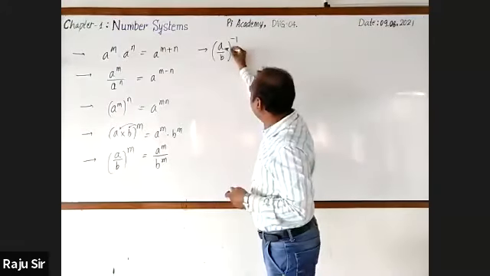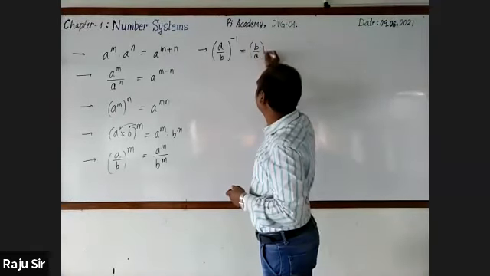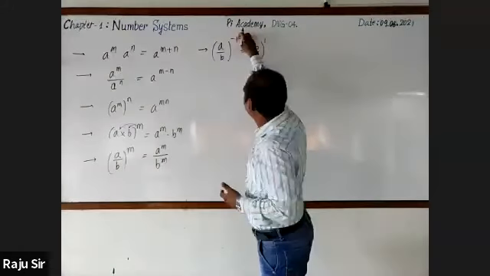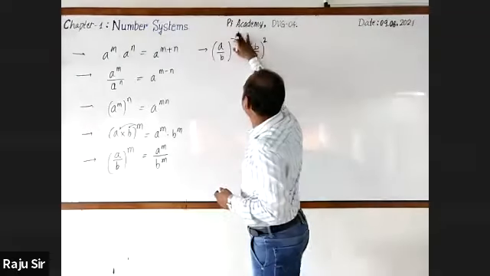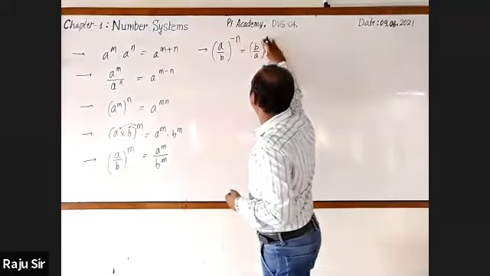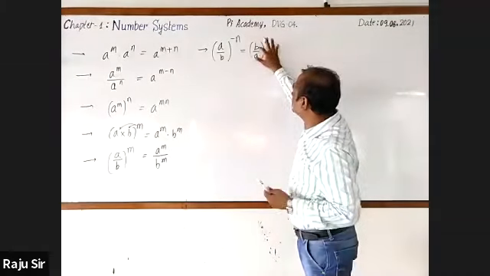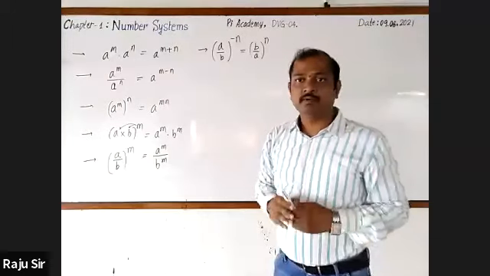The reciprocal of a by b will be b by a, then whole raised to the power 1. If any other number is there, here it is 2, then you write 2. If it is n, we write n. Again, it can be written further as b raised to the power n by a raised to the power n.